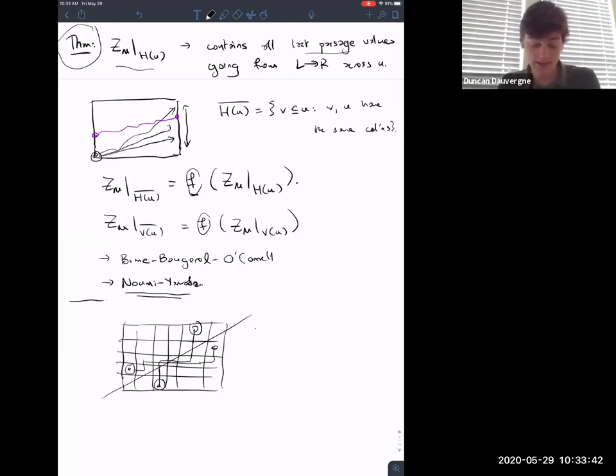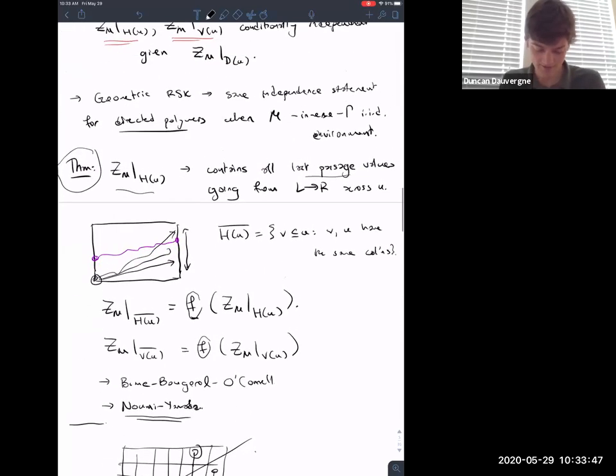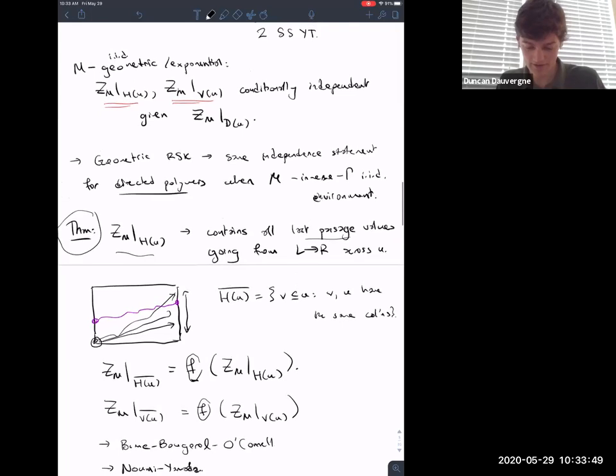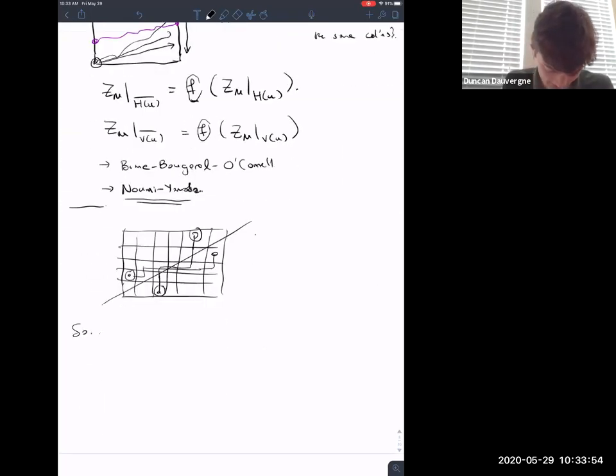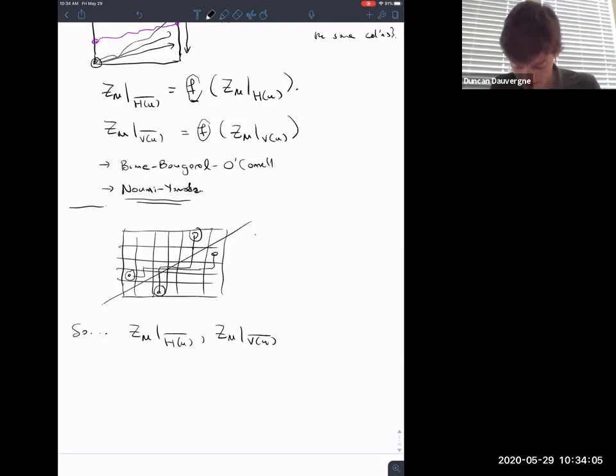Okay, so basically we can use this theorem. I'm going to combine this theorem with the previous statement about RSK to say the important consequence that Zm restricted to H of U bar and Zm restricted to V of U bar, so left to right and bottom to top last passage values, are conditionally independent given all of these diagonal last passage values.